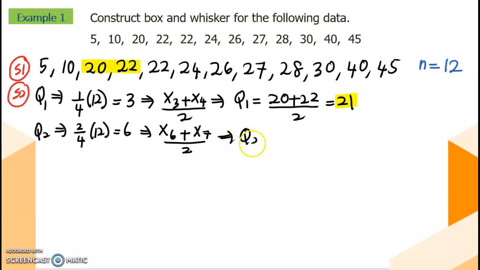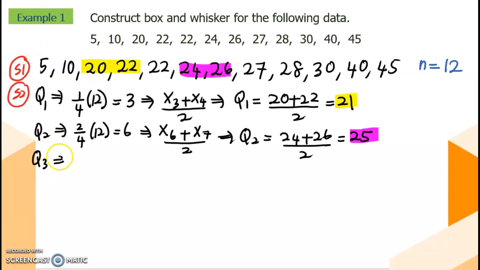So our Q2 equals, counting 5, 6, 7, 6 and 7 will be 24 and 26. So 24 plus 26 divided by 2 equals 25. Our Q2 is 25. Remember, Q2 is equivalent to the median.